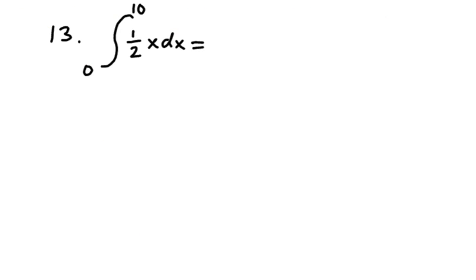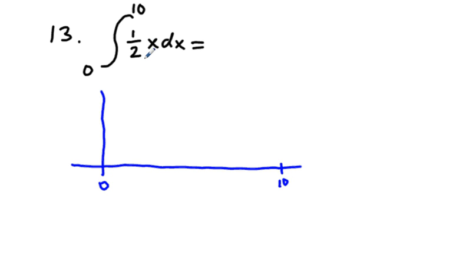Okay, and the last problem, which is an integral problem, trying to get students in the habit of making simple integrals even before we get hardcore into the integral portion. So what we have is the integral from 0 to 10 of 1/2 x dx.